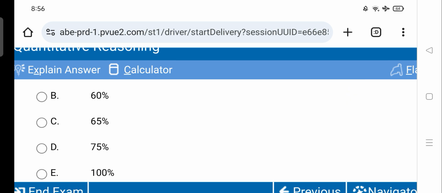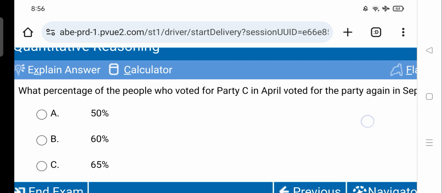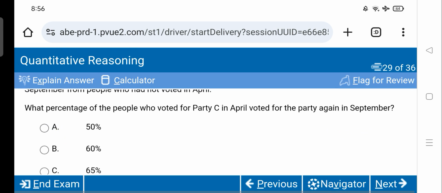So that's why the correct option is option D, which is 75%, the percentage of the people who voted for party C in April who voted for the party again in September.